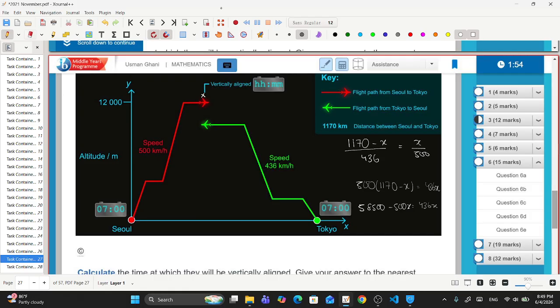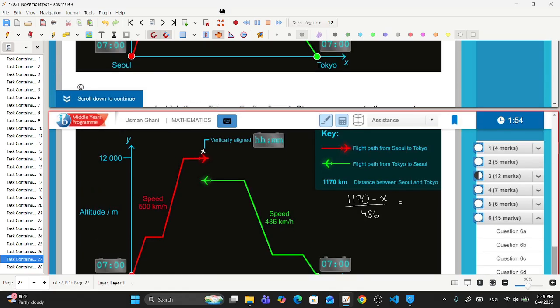I've made a mistake here. It's not going to be x over 500. Basically, I think it should be from the ratio of one part to the other part, right? Is there another easy way of doing it? Let me check.